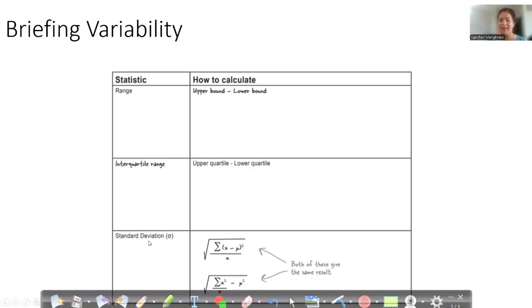And then finally, standard deviation and variance, where you take into consideration each point, subtract the mean from each point, and do the calculation. In short, variability tells you how your data is spread around your central tendency, and it can be very important to make a decision in addition to the central tendency aspect.